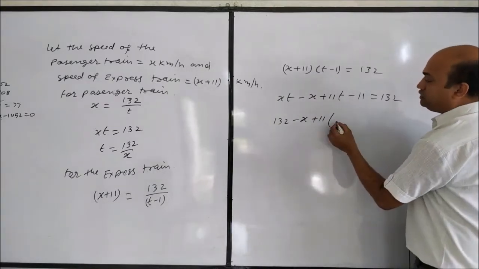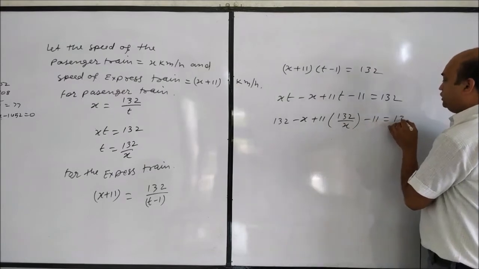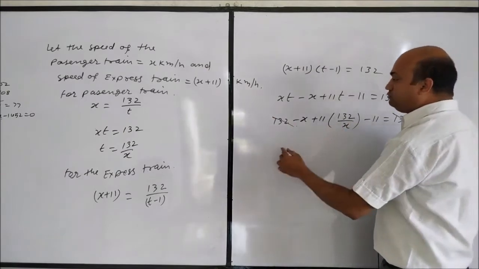What is the value of t? 132 by x, minus 11 is equal to 132. By this 132 we cancel this 132 and x we take LCM.